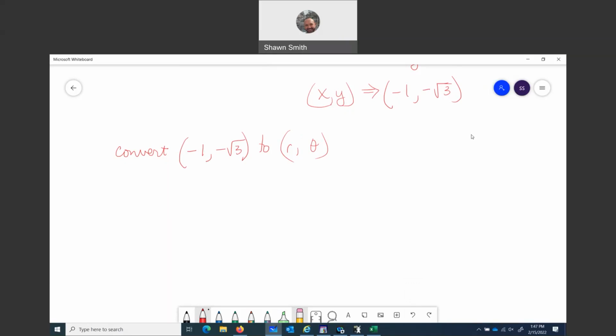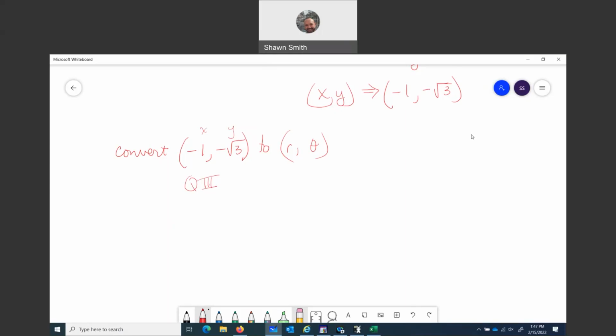All right, so you may not necessarily need to physically plot it, but you should identify what quadrant it's in, right? So this is x and y. This tells me I'm in quadrant 3, right? Both of them are negative. Negative to the left, negative down for y.